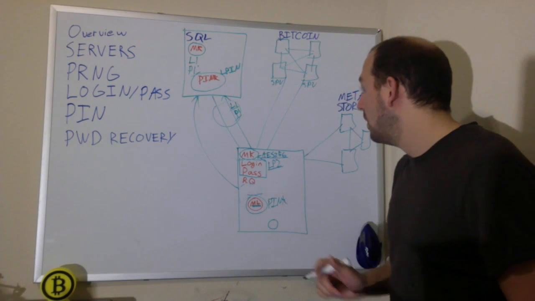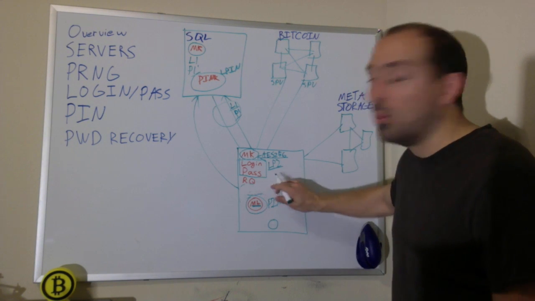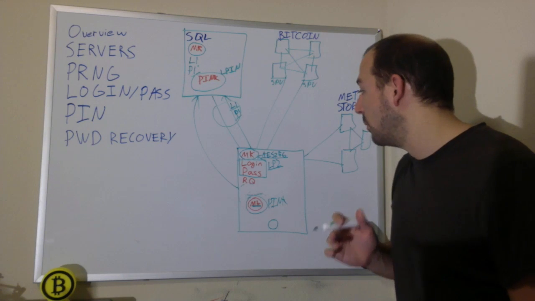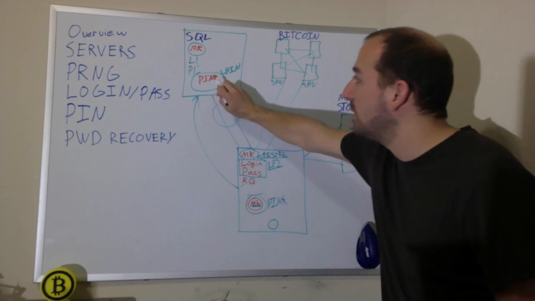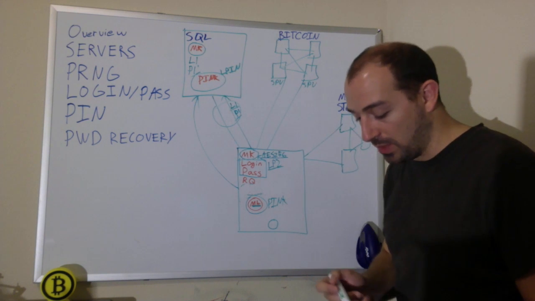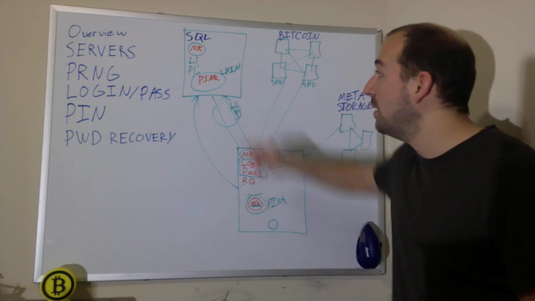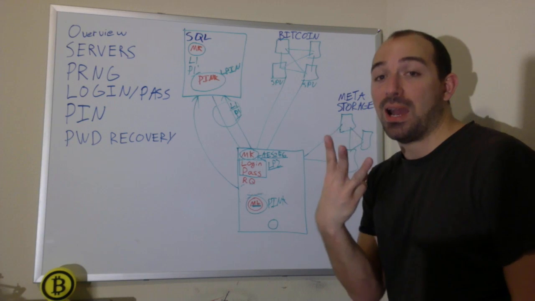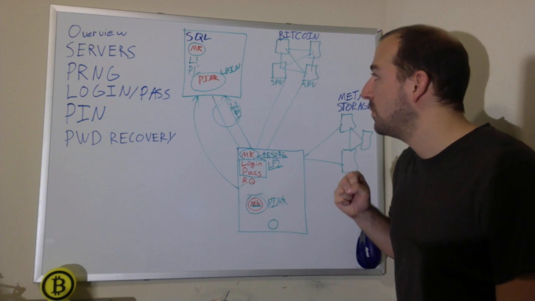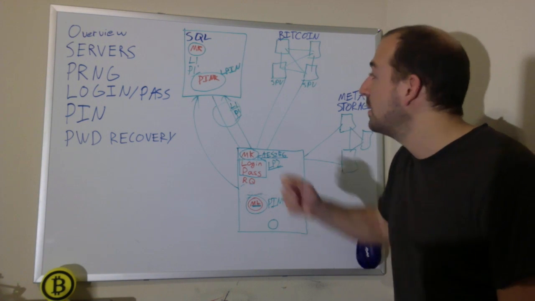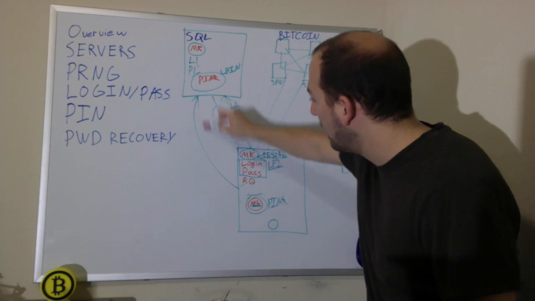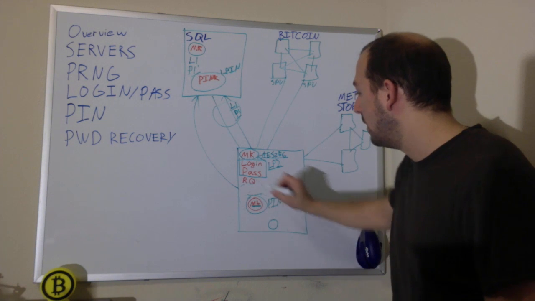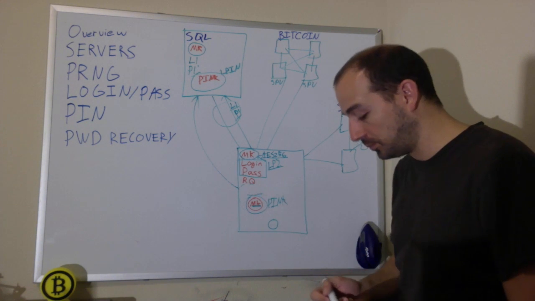Okay? So now when you go to log in with your PIN number, you plug in your PIN number, and your login and your PIN is sent up to the SQL server. And the SQL server, then you have 3 tries to get your PIN number correct. And if you get your PIN number correct, it then sends this package down into your wallet.